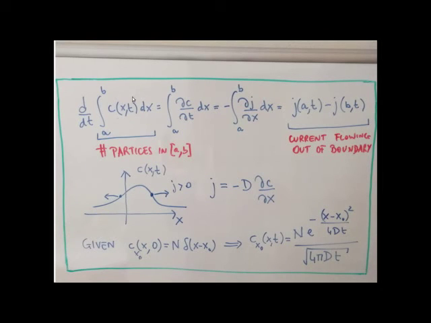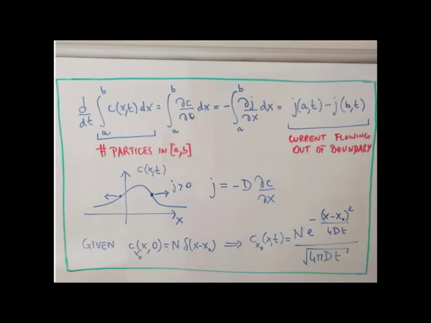Let's consider, for instance, the integral of the concentration. We have a one-dimensional system, and we integrate this concentration in an interval AB. This integral gives the number of particles that are in the interval AB at time t. We are interested in how this quantity changes in time. So we take the total derivative d/dt, and I can bring it inside the integral, where it becomes a partial derivative in t.